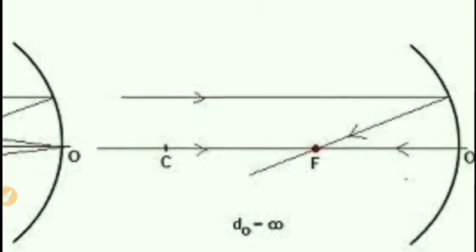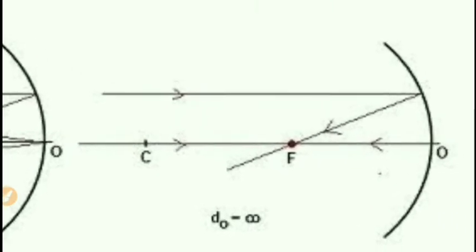Here you can see in this figure the object is at infinity, and all the rays coming from the infinite distance are always parallel to the principal axis.